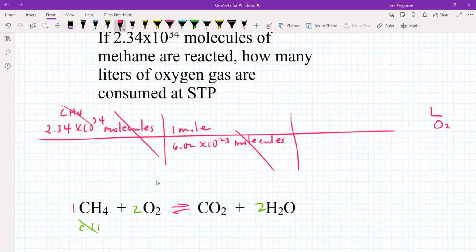We want the CH4 on the bottom, oxygen on top. We want liters of oxygen, so that's 22.4 liters. Moles cancel. CH4 cancels, leaves us with liters of oxygen.